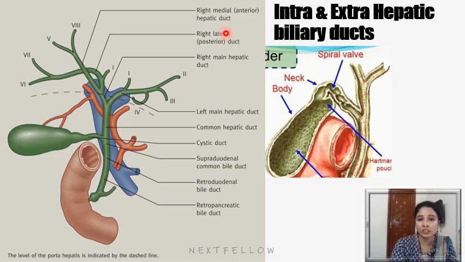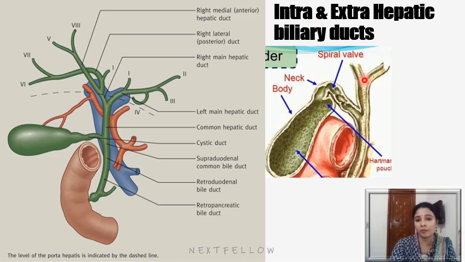The mucosa of the cystic duct is arranged in a spiral fashion. The mucosa contains spiral folds with a core of smooth muscle, known as the spiral valve or valve of Heister, which keeps the cystic duct constantly open so that bile can flow freely in either direction.